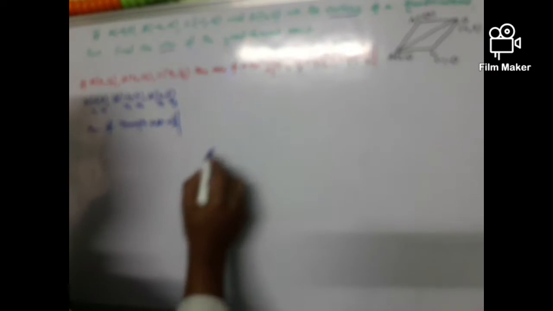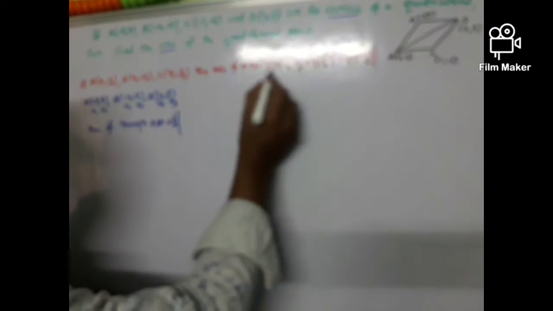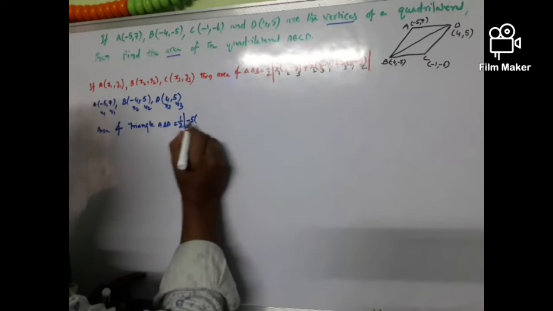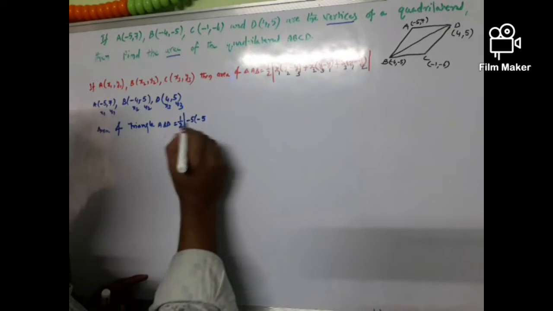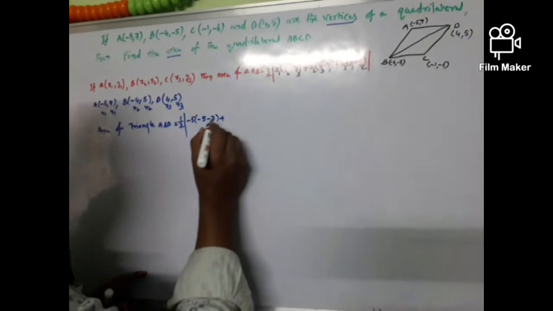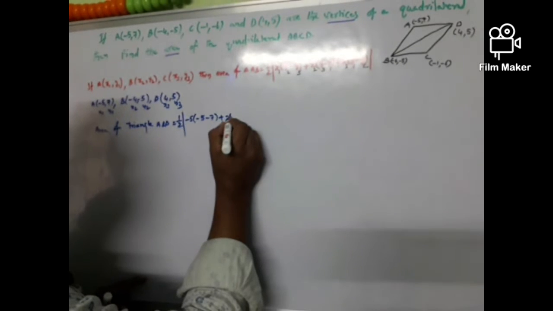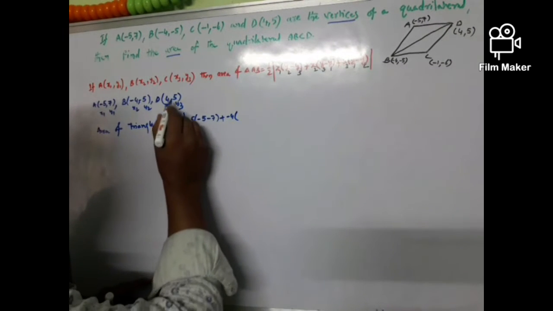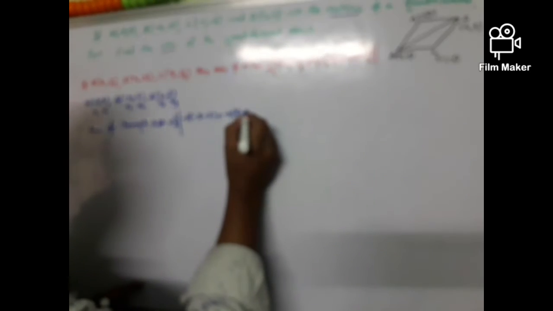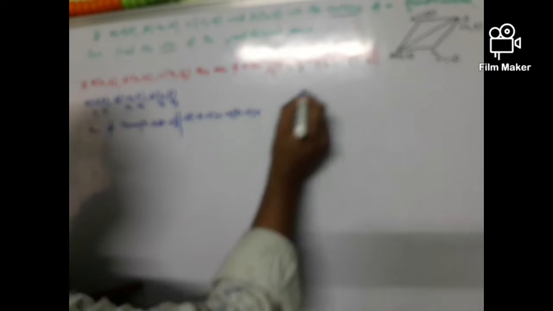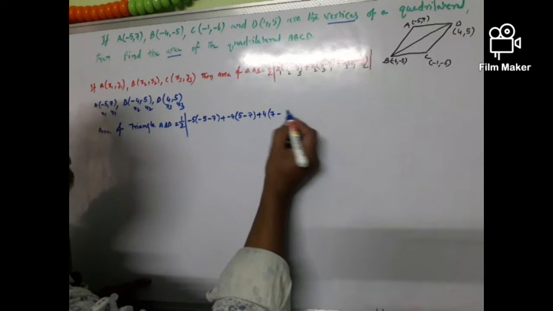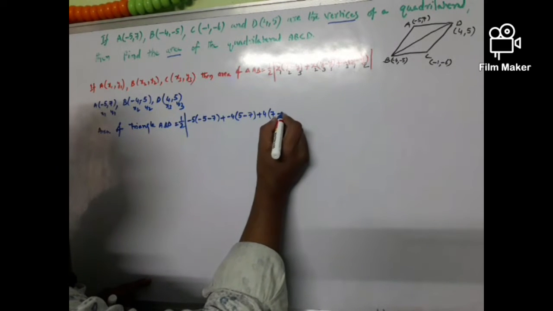Substitute these values in this formula: half mod, x1 is minus 5, y2 is minus 5, y3 is 5, minus y1 is 7, plus x2 is minus 4, y3 is 5 minus y1 is 7, plus x3 is 4, y1 is 7, y2 is minus 5.